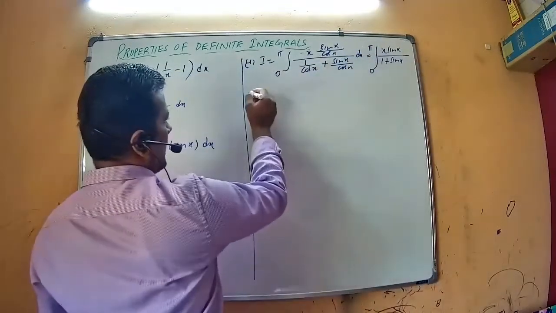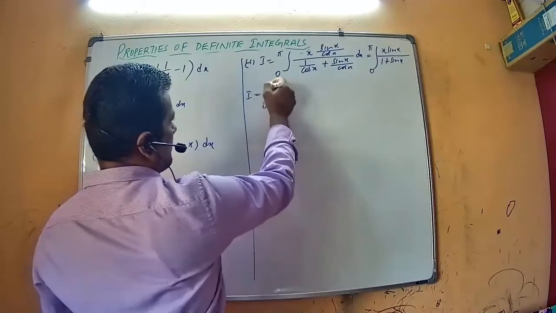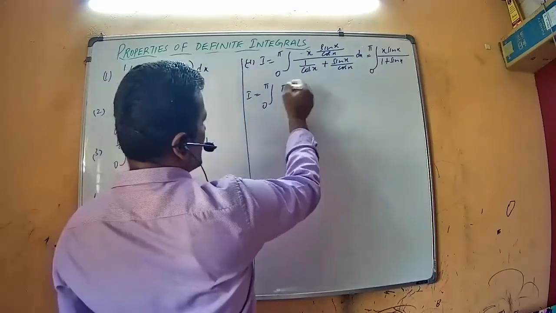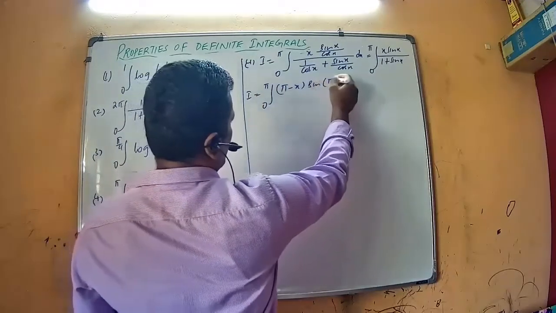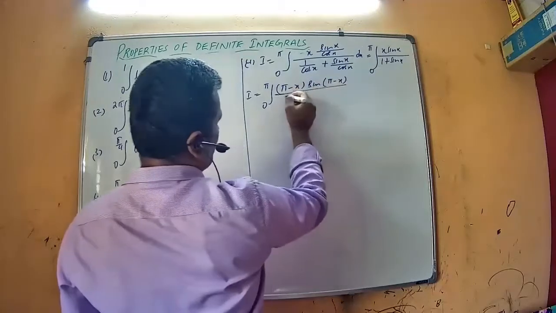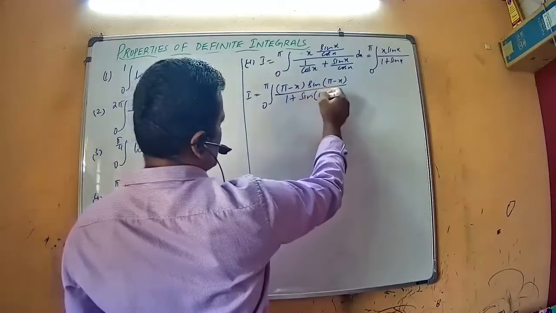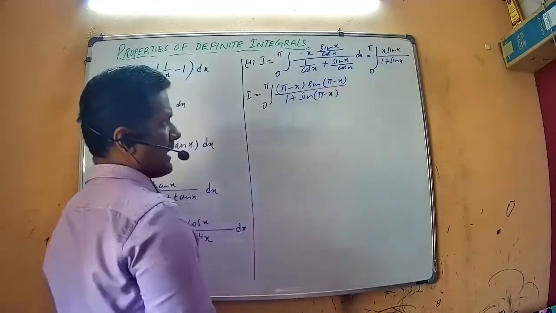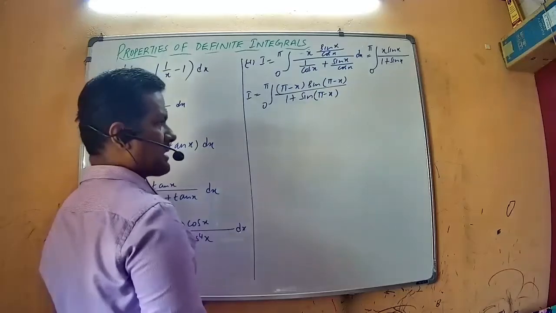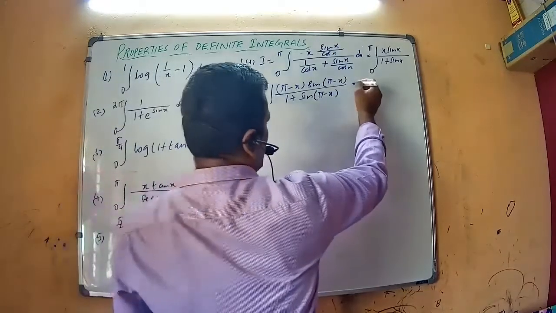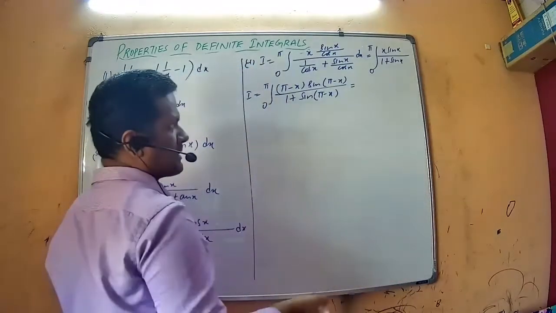Now apply the property: I is equal to 0 to pi, x means pi minus x, so sine of pi minus x by 1 plus sine of pi minus x. Sine of 180 minus theta is sine theta, because 180 minus theta falls in the second quadrant, where sine is positive.